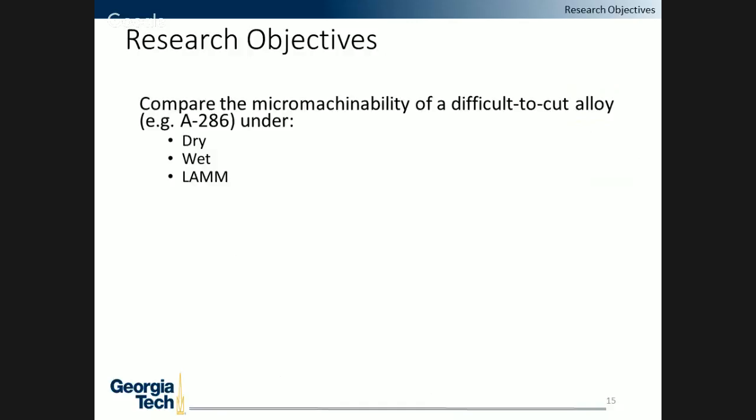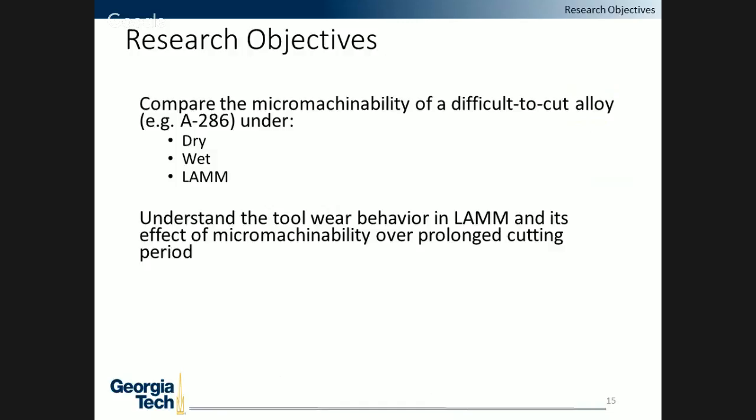The first is to compare the micro machinability of a difficult-to-cut alloy. For this study we decided to choose A286, which we'll explain more later on. We would like to compare its micro machinability under dry, wet, and LAM conditions.